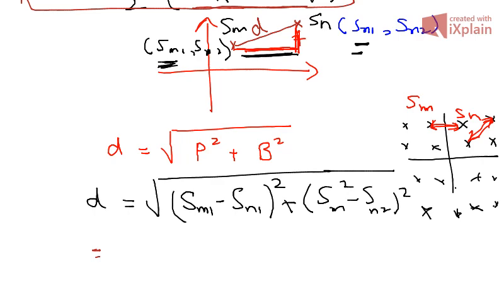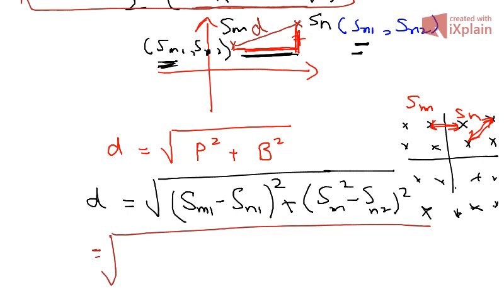So if you plug in these values, what is Sm1? Now you can plug its value. It should be AmI and AmQ.